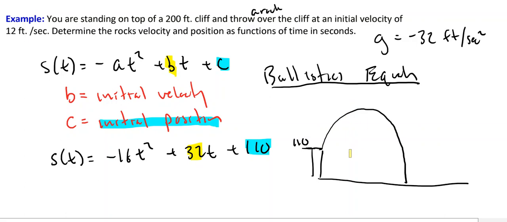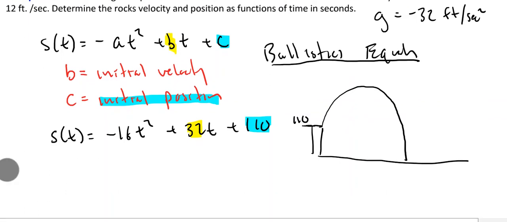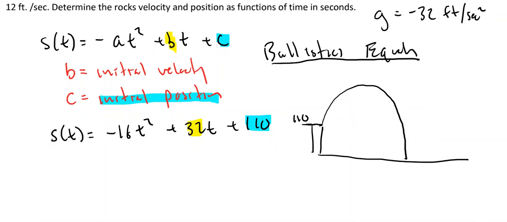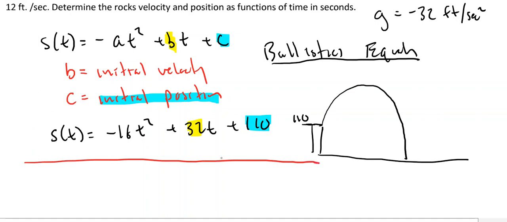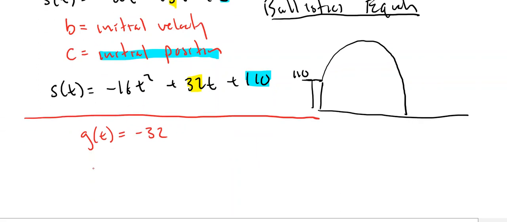Okay, so to solve this problem, we have to work backwards. How do we work backwards? We're going to start with acceleration due to gravity. I know that g, acceleration, g of t, is equal to negative 32. Acceleration due to gravity is acceleration, so it's the same thing as a of t.